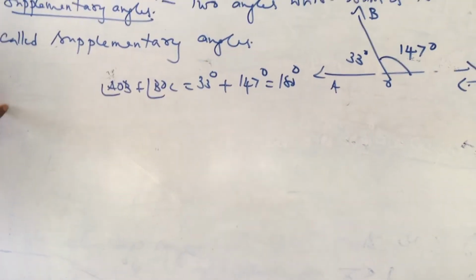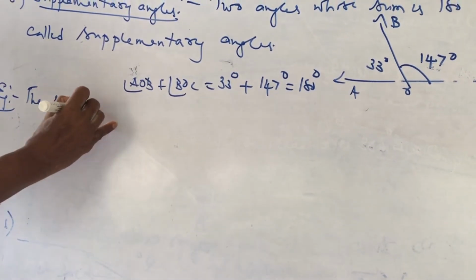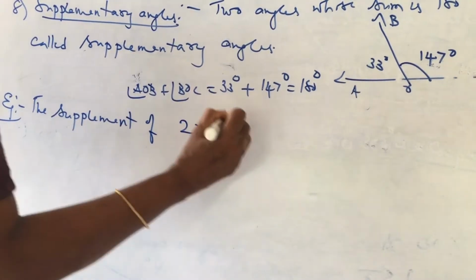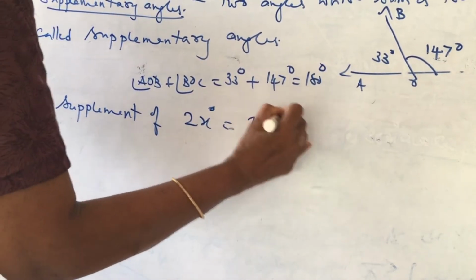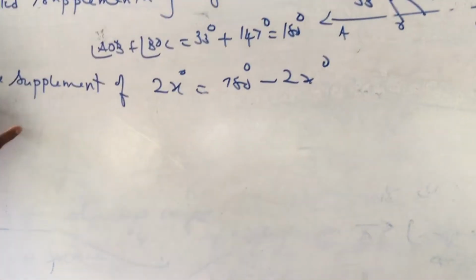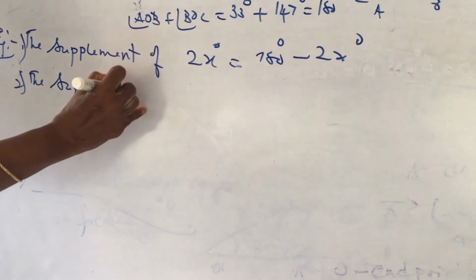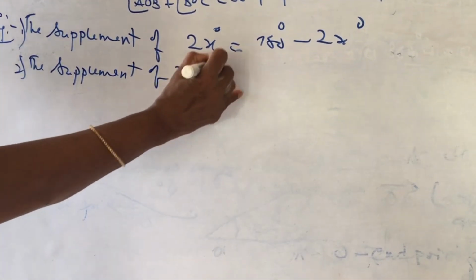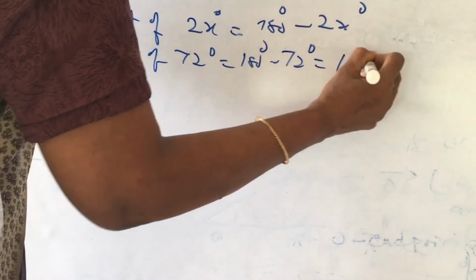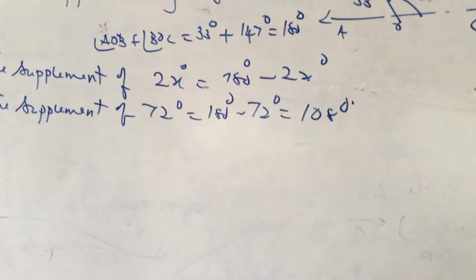Yes, example, the supplement of 72 degrees is equal to 180 minus 72.